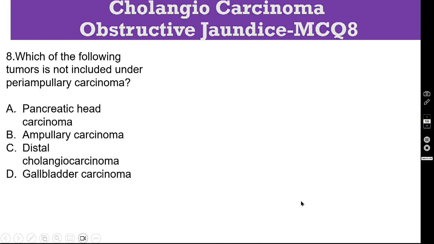Coming to MCQ number 8. Which of the following tumors is not included under periampullary carcinoma? A. Pancreatic head carcinoma. B. Ampullary carcinoma. C. Distal cholangiocarcinoma. And D. Gallbladder carcinoma.